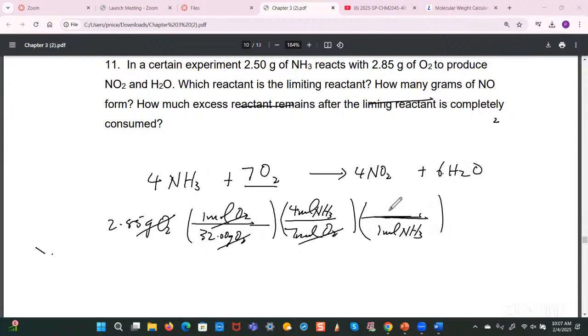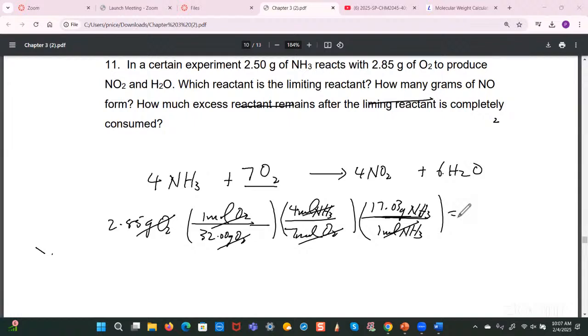I think we calculated this earlier. Wasn't it 17.03? The ammonia? 17.03 grams of NH3. So this cancels out with that. Now we're going to end up with 2.85 divided by 32 times 4 divided by 7 times 17.03.